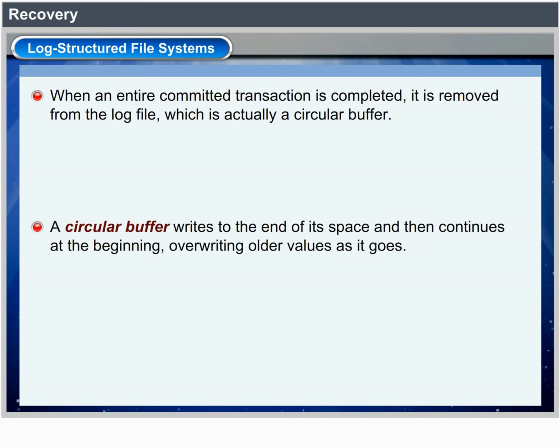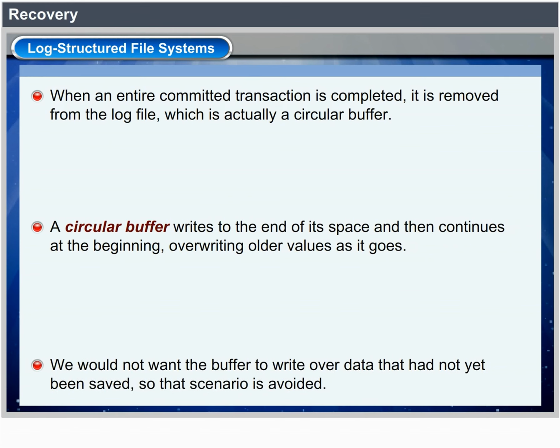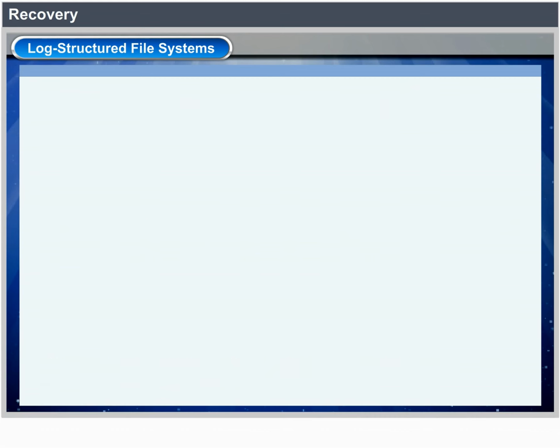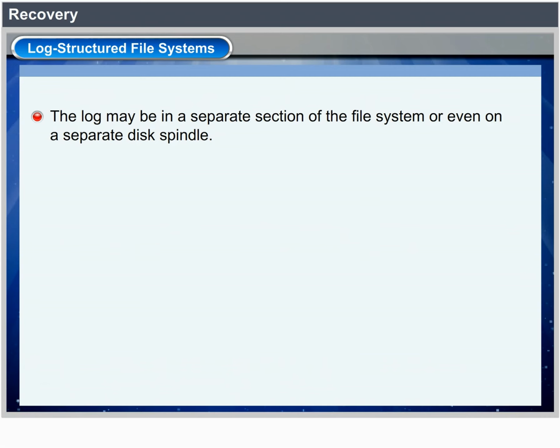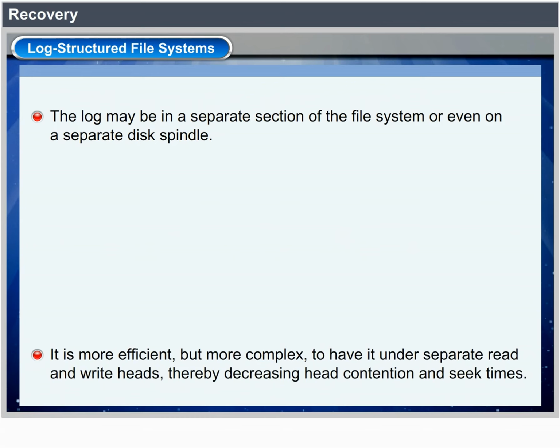We would not want the buffer to write over data that had not yet been saved, so that scenario is avoided. The log may be in a separate section of the file system or even on a separate disk spindle. It is more efficient but more complex to have it under separate read and write heads, thereby decreasing head contention and seek times.